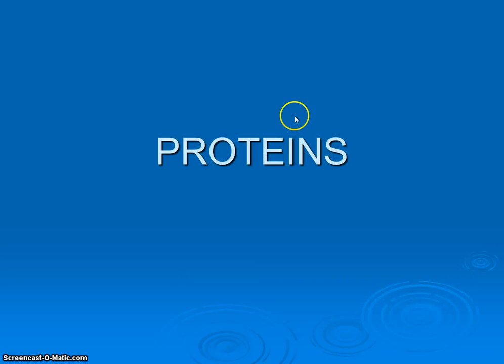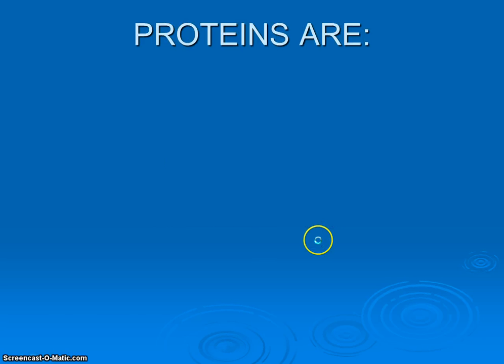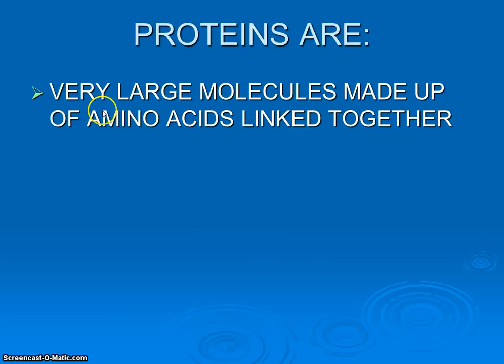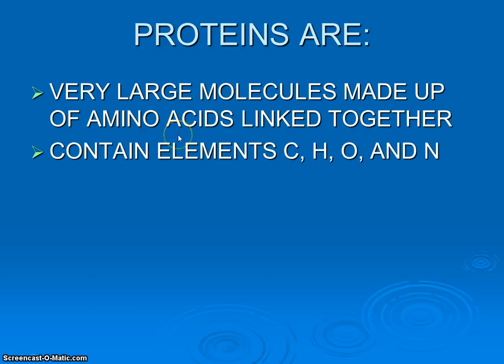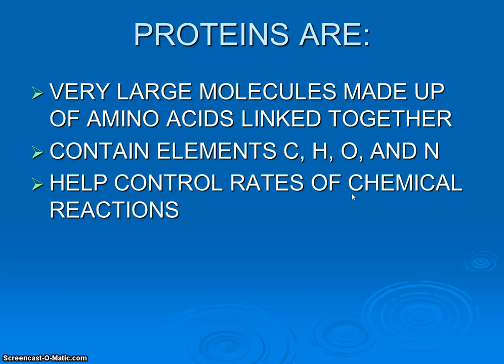And the last one, we'll save this for last, we'll quickly look at it because we'll spend a lot of time with it, because I think they're the most important: proteins. Now, they're the most important because these are massive molecules, and instead of being made up of little sugars linked together, they're made up of something called amino acids, which are built of carbon, hydrogen, oxygen, and another element, nitrogen.